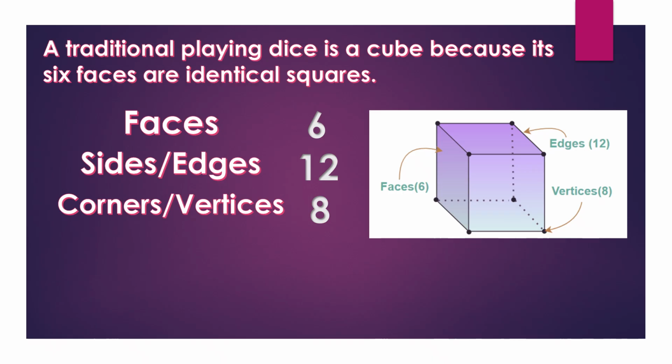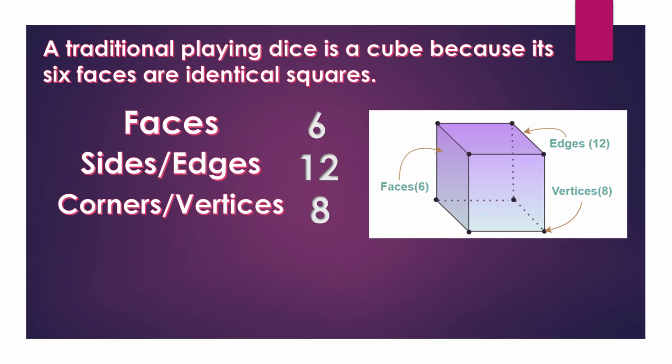So that is the difference between a cube and a dice. That's all. On a dice, you have some numbers present on it. A traditional playing dice is a cube because its 6 faces are identical squares. It has 12 edges and 8 corners, the same characteristics as that of a cube.